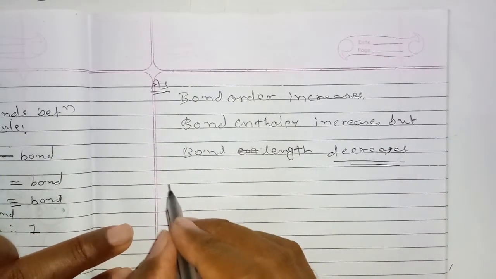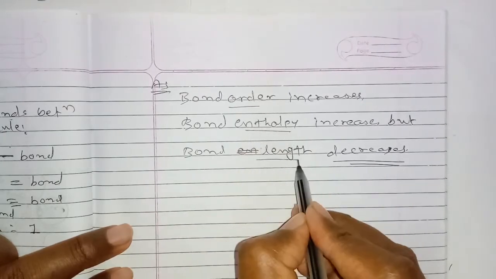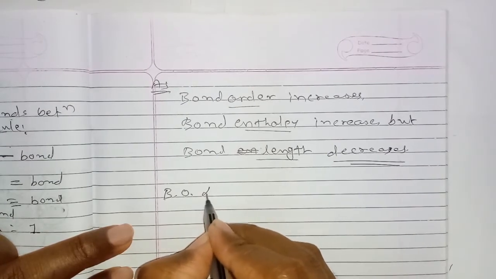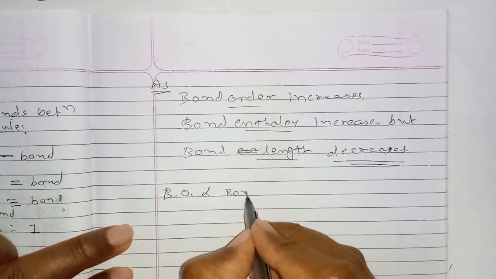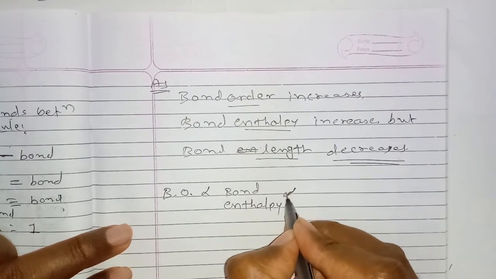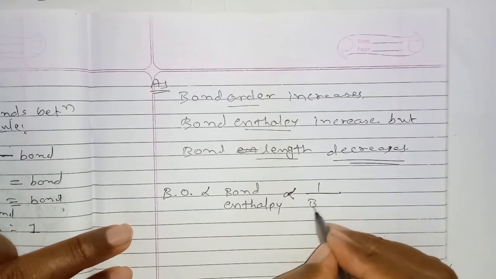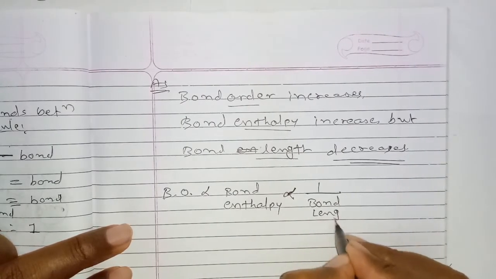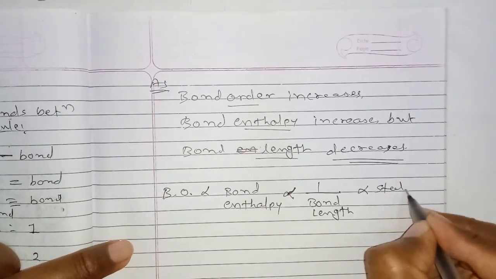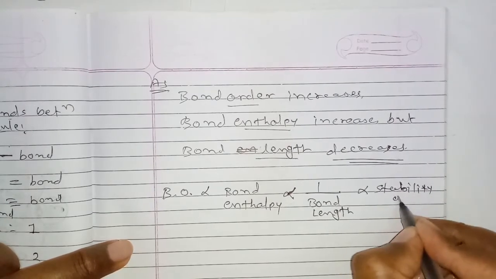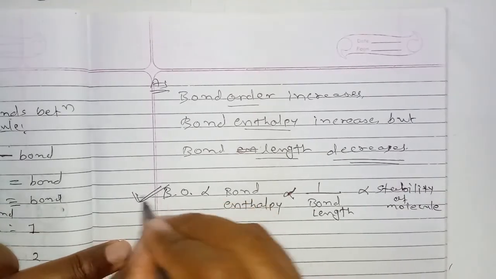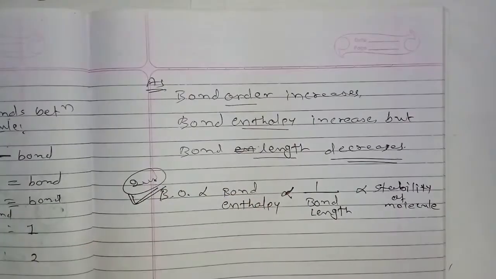So the relation is: bond order is directly proportional to bond enthalpy, inversely proportional to bond length, and directly proportional to the stability of the molecule. This is most important.